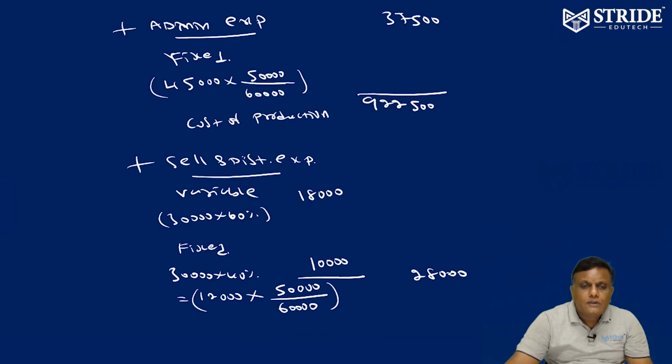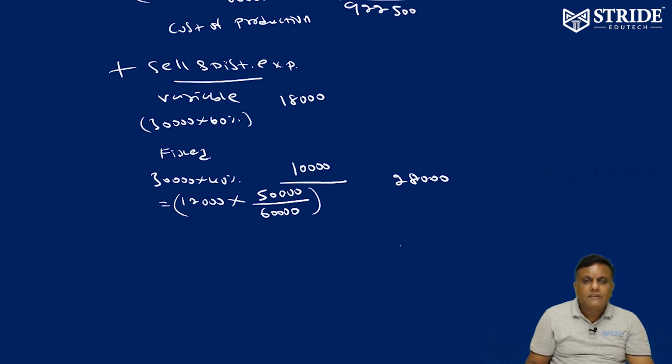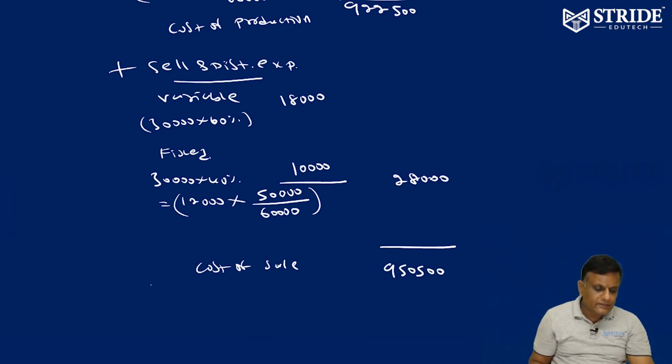So selling and distribution expenses are 28,000. Next, if we add cost of production plus selling and distribution expenses, we get the cost of sale: 9,22,500 plus 28,000 is 9,50,500.